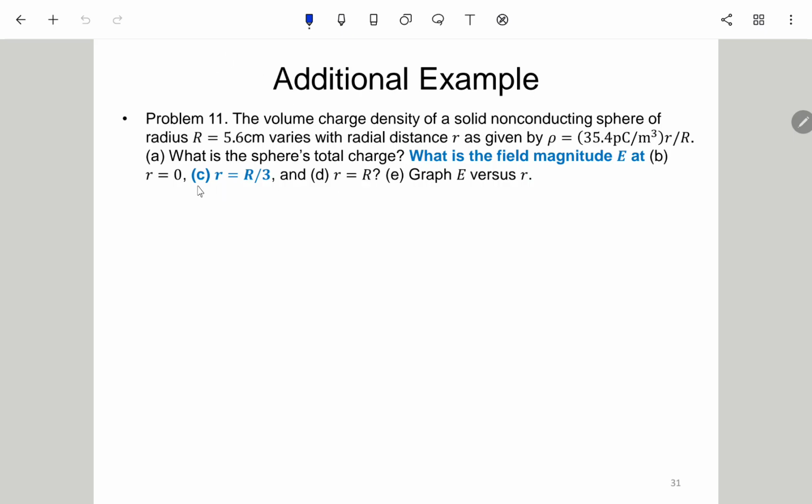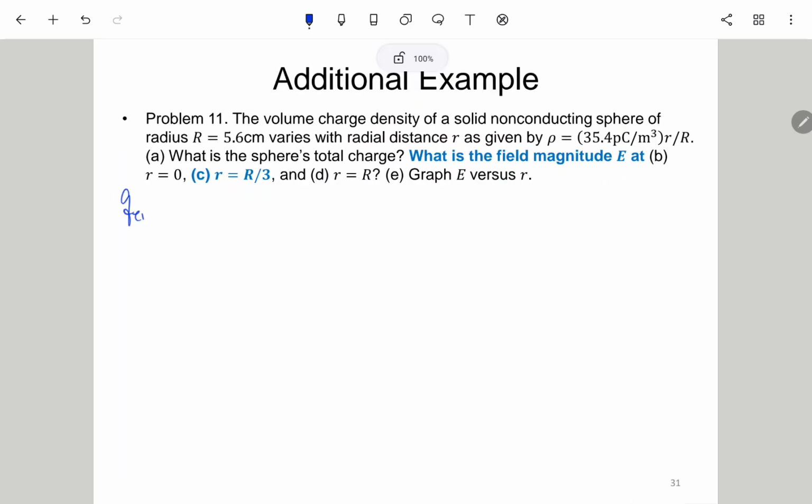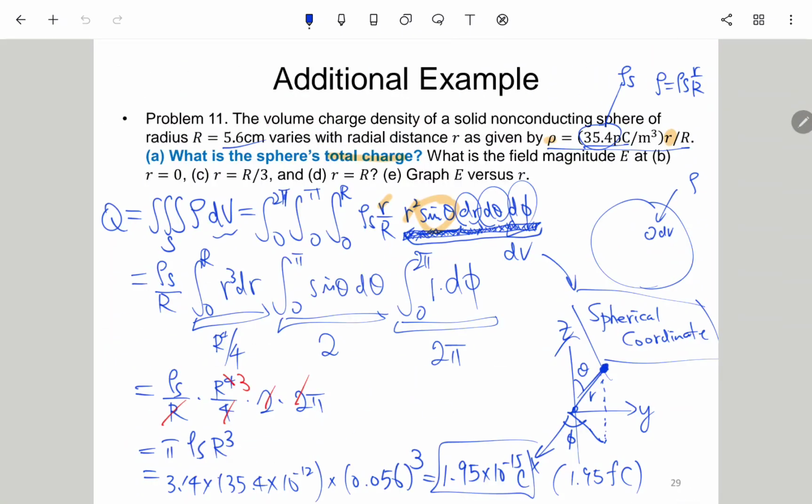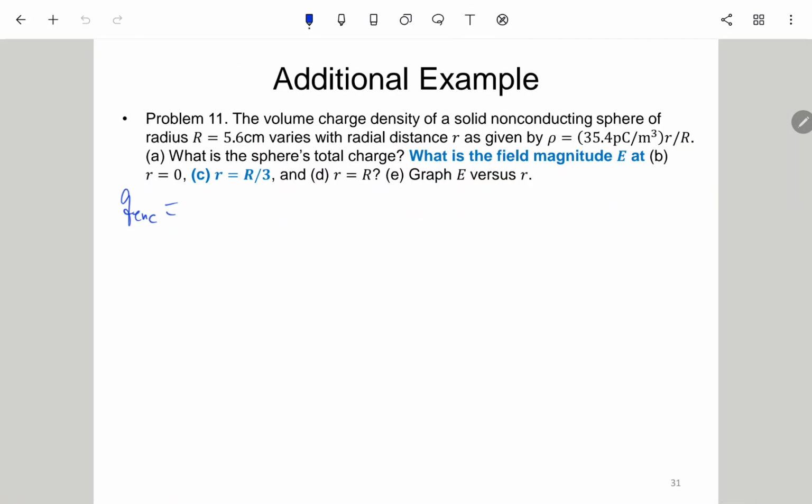Okay, so for part C, it asks you what is the E field at r equals capital R over 3. In that case, we need to calculate the Q enclosed. We need to partially recalculate this Q, because Q enclosed is only part of it.